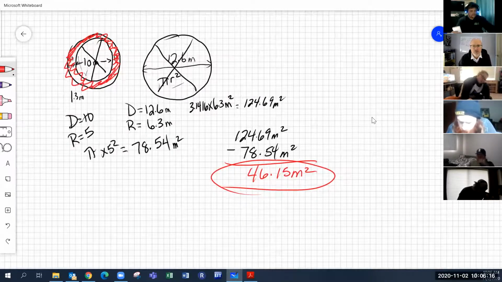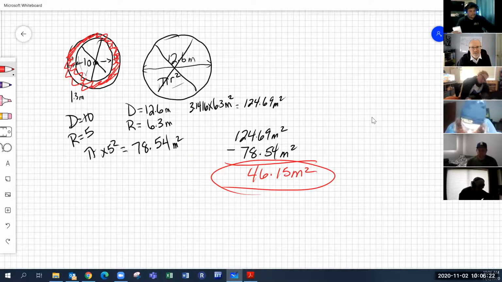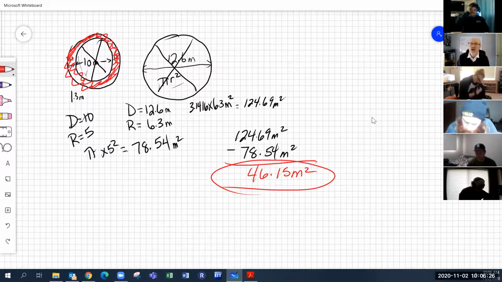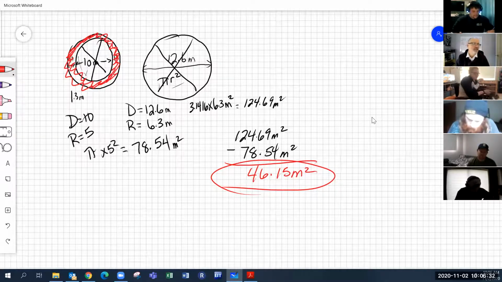Does that help with question 8? See, the way I read it, I assumed it was a square or rectangular grate over top of. Sure, because when you see area, you automatically think that, right? It's very normal to think that way. But again, we have to really dissect the question. I thought it was square too.